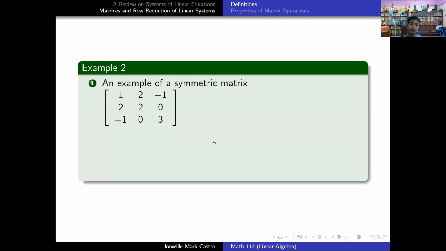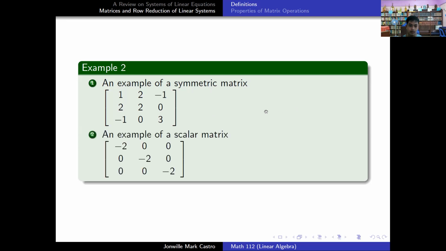Symmetric matrix. When we get the transpose of symmetric matrix, we get the same matrix. And a scalar matrix, we have a diagonal matrix with same entries in the main diagonal.